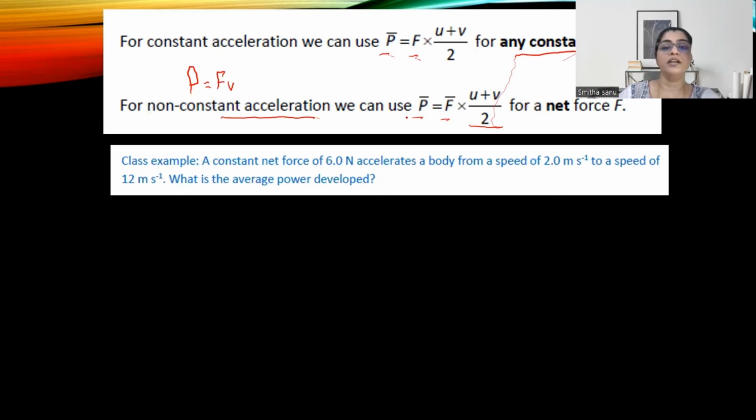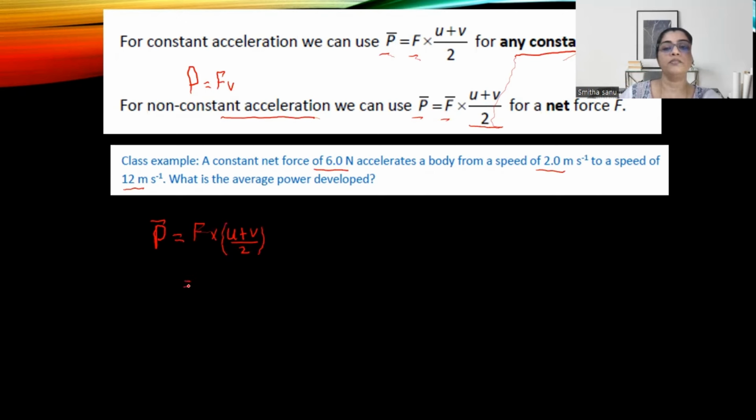A constant net force. So very clearly we have a constant force which accelerates the body from 2 to 12. Find the average power. So we know that for a constant force, average power is force times u plus v over 2.